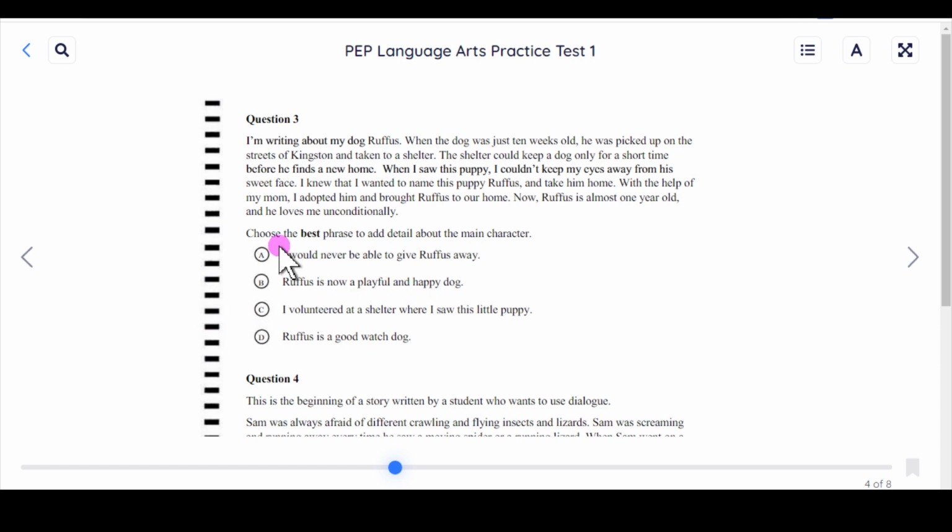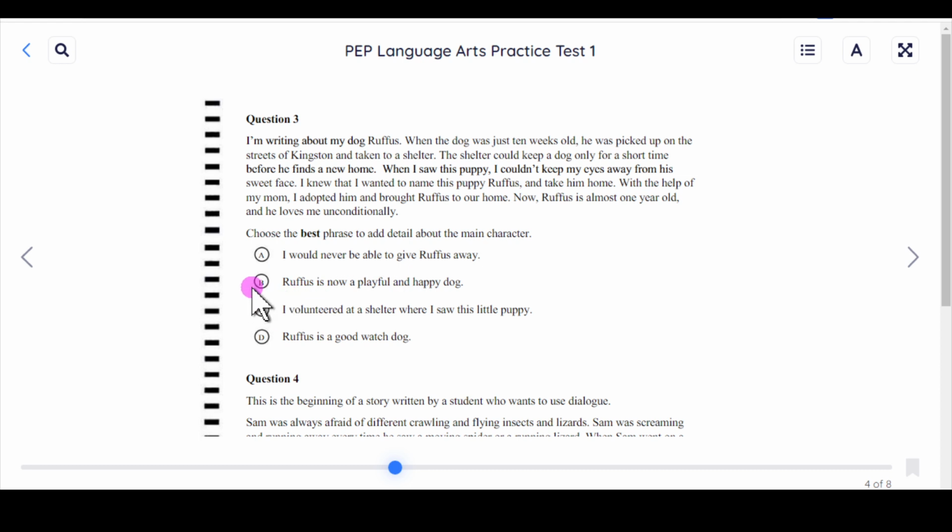Now, it says choose the best. So I have two options to choose from. So let's go with this now. Where in this does it talk about Rufus being a watchdog? It doesn't tell me that anywhere. They never say anything about Rufus being a good watchdog. So I can't make that conclusion. However, he loves me unconditionally.